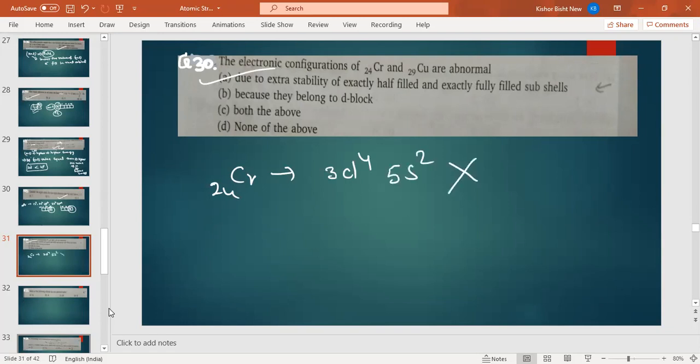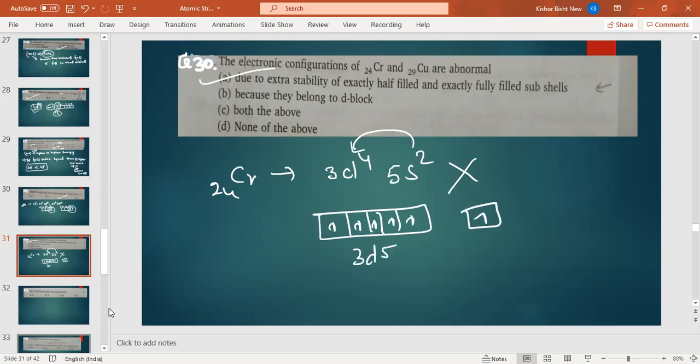It may be, but it is wrong. What is happening? One electron comes here, then it becomes stable, and it will be 3d5 and 4s1, because this is the stable case.